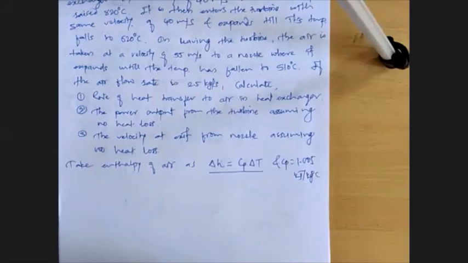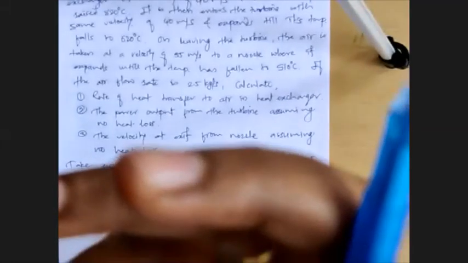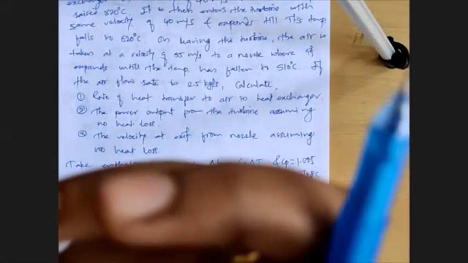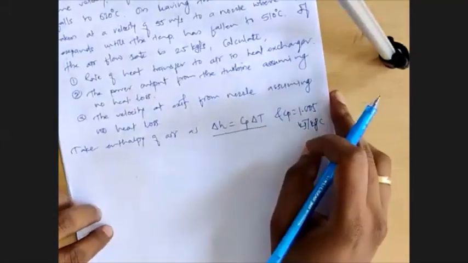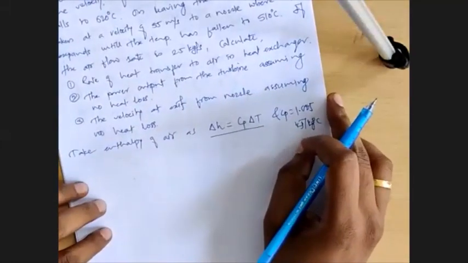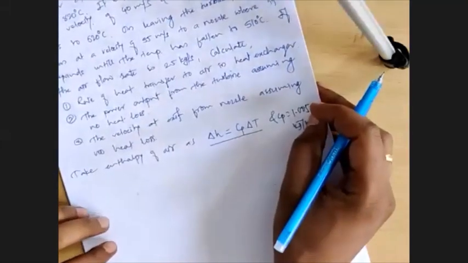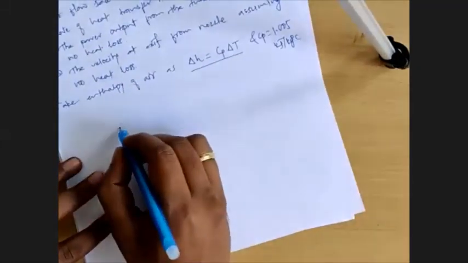Okay, so instead of using the general equation, we are going to solve it in a step-by-step manner: for the heat exchanger first, then the turbine, and then the nozzle. Read this statement, and along with me try to draw one sketch. Now there are 3 devices. First one is a heat exchanger.